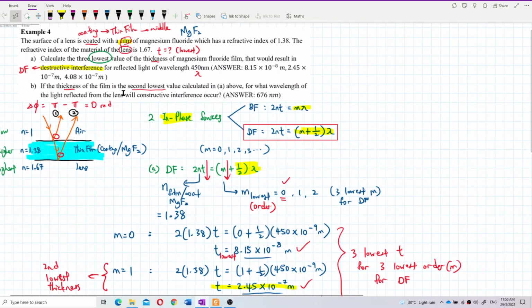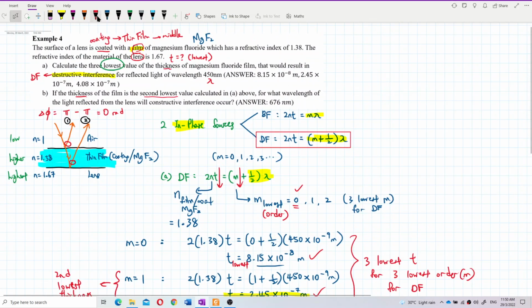So now, for what wavelength? He asks for a new wavelength, just put lambda 2, of light reflected from the lens with constructive interference occurring. Constructive interference means forming a bright fringe.